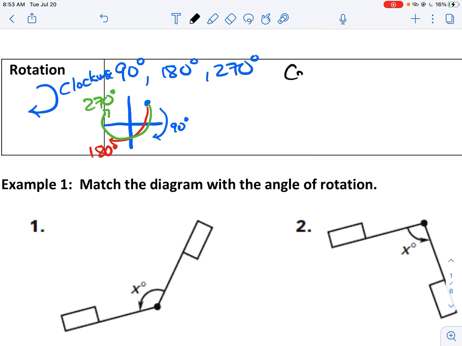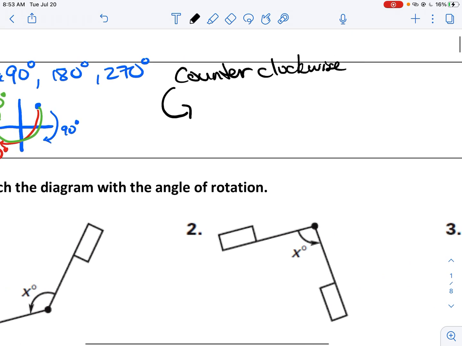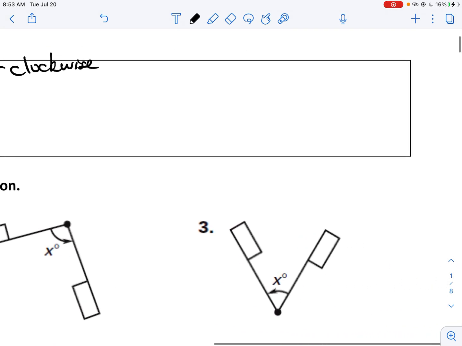There's also counterclockwise. And that would get us going the opposite of the direction of a clock. Now the rule that we have for this, 90 degrees clockwise.